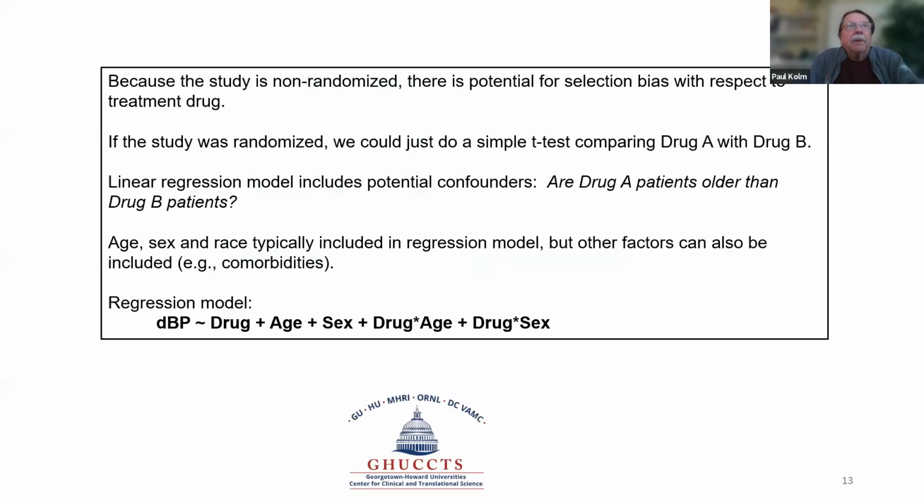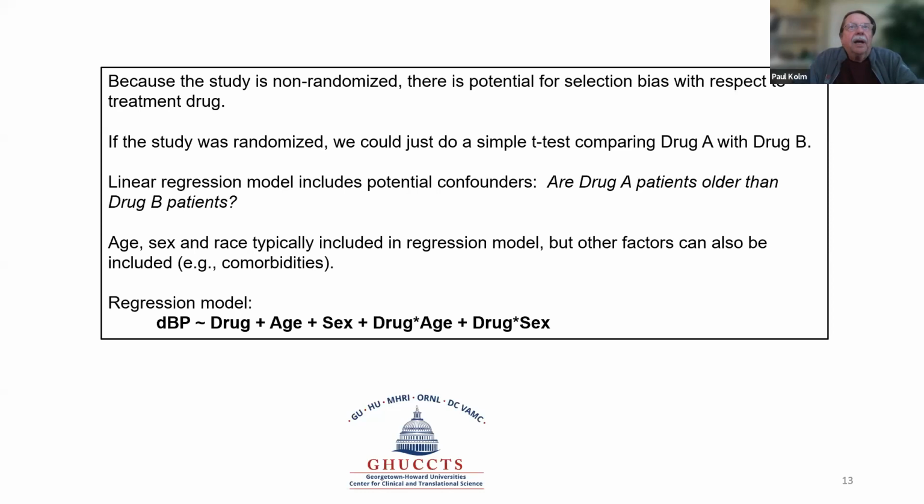So, as I mentioned, because the study is non-randomized, we have a potential for selection bias. Now, if the study was randomized, then we could just do a simple t-test, because the effect of covariates would be canceled out because of the randomization procedure.